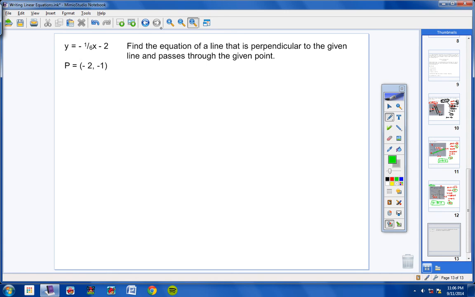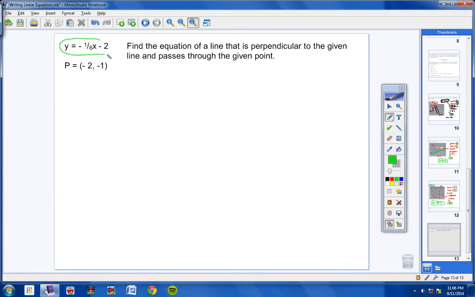Okay, last problem, and we're done for the video, okay? I would like you to try this one on your own. I want you to find the equation of a line that is perpendicular to the given line and passes through the given point. So no graph this time, just an equation.